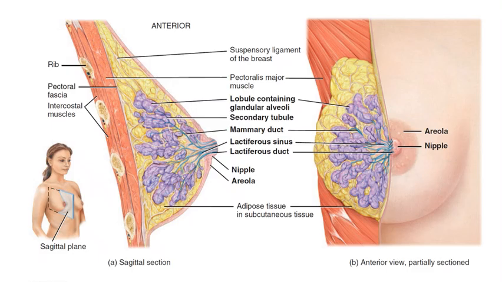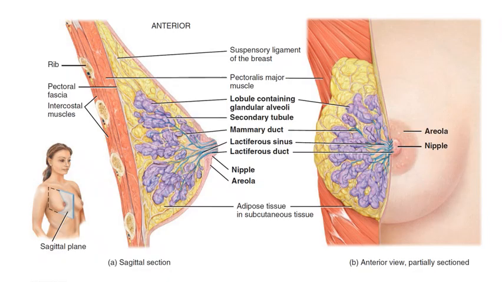Contraction of myoepithelial cells that surround the glandular alveoli helps to propel milk towards the nipples. When milk is produced, it passes from the alveoli into a series of secondary tubules and then into the mammary ducts.